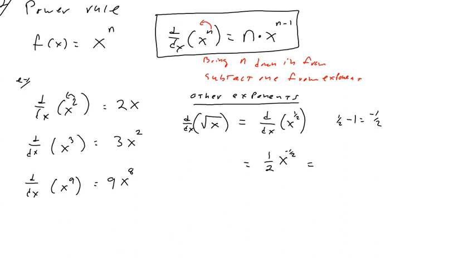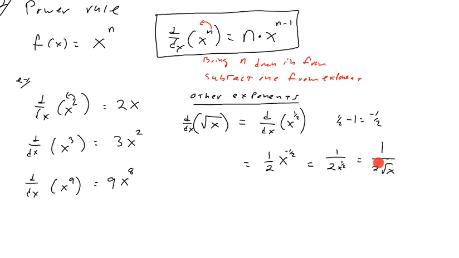Well, I don't really like negative exponents. Remember what we do with negative exponents? If an exponent is negative, we move it to the bottom of a fraction. So this becomes 1/2 times 1 over x to the 1/2 power, or 1 over 2 root x. And if you remember, when we did this the long way, we started with the square root of x and we got 1 over 2 root x.